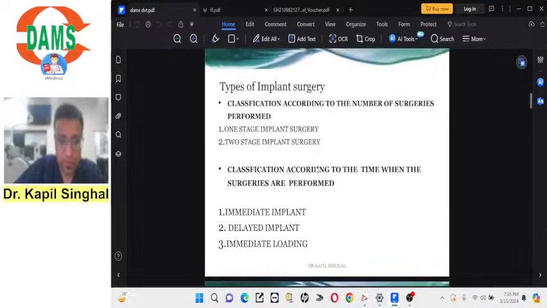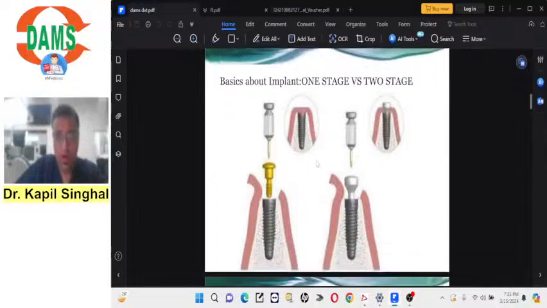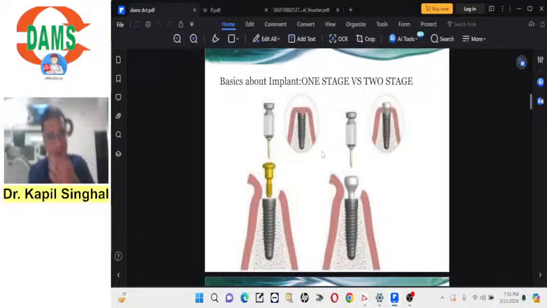So now let's go to different stages of surgery. There are two types of surgery. One is one stage surgery. What do I mean by one stage surgery? It means that from the time of implant placement to the time of crown, I will do just one surgery. I will do surgery only once, that is during the time of implant.